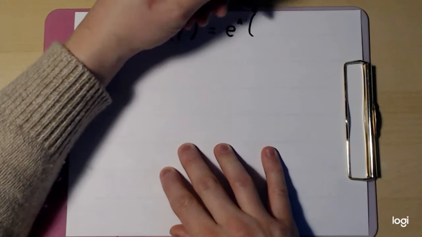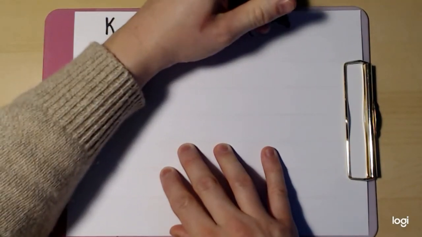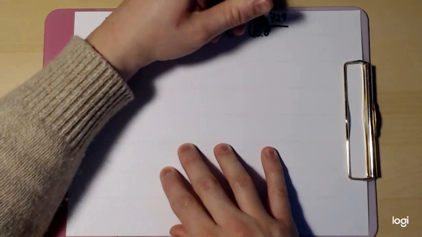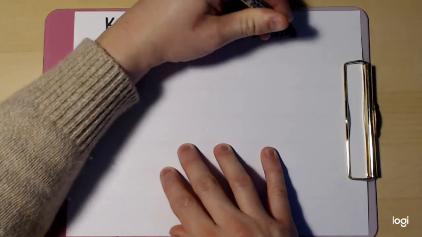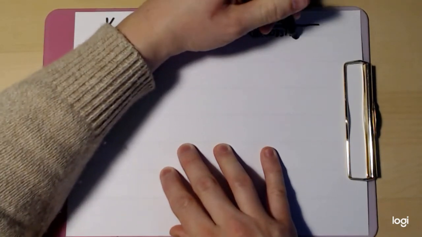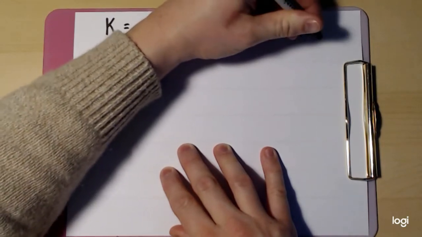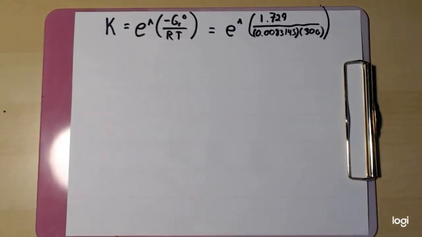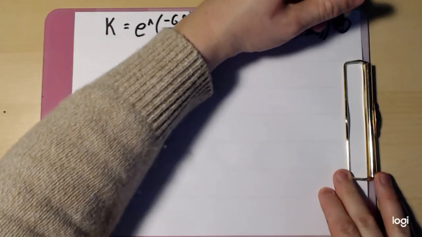That's e raised to 1.729 kilojoules per mole. So recall this is in kilojoules per mole, so we need to use the gas constant that's expressed in kilojoules per mole, which is 0.0083145, times the temperature of the system, which was specified as 300. And you can plug this into your calculator, and that comes out to be 2.